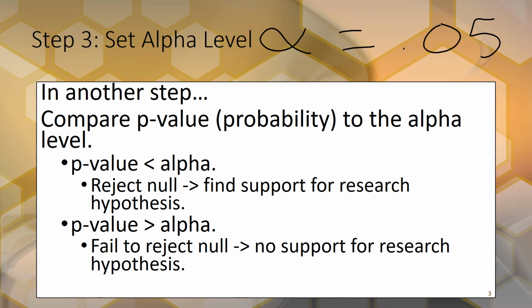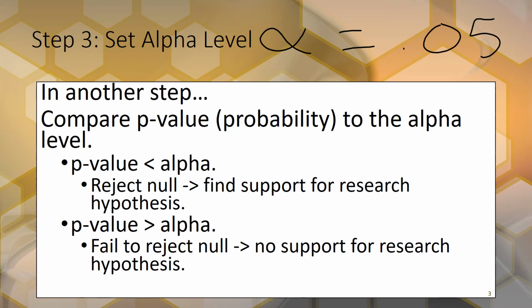Alternatively, if the p-value is greater than your alpha level, then we fail to reject the null and we find no support for our research hypothesis. So if we set our alpha at 0.05 and we find our p-value at 0.03, then we would reject the null and find support for our research hypothesis.